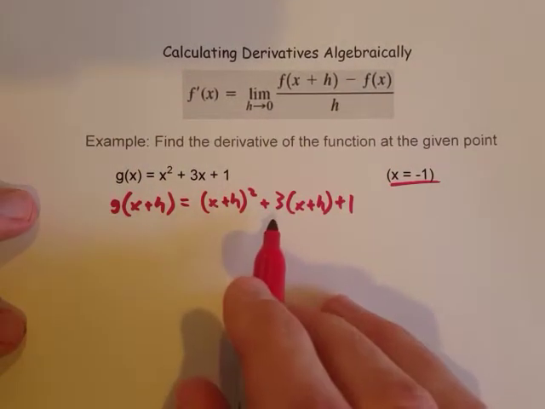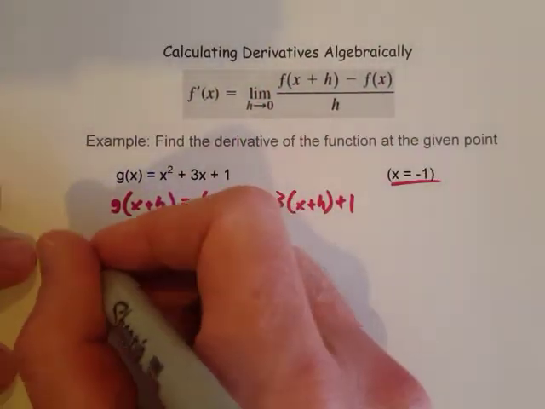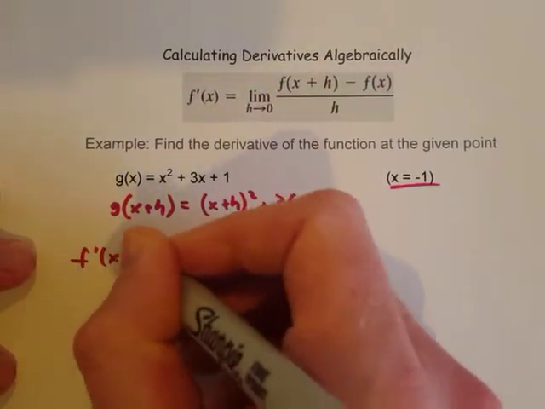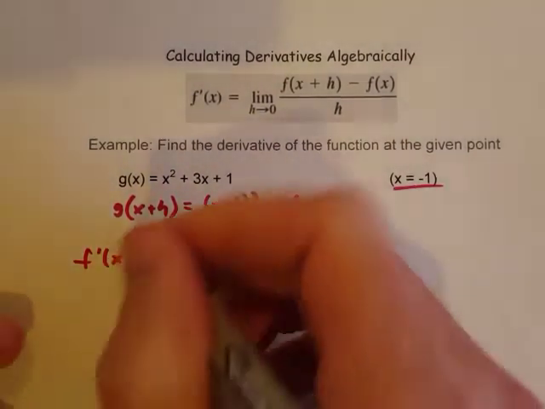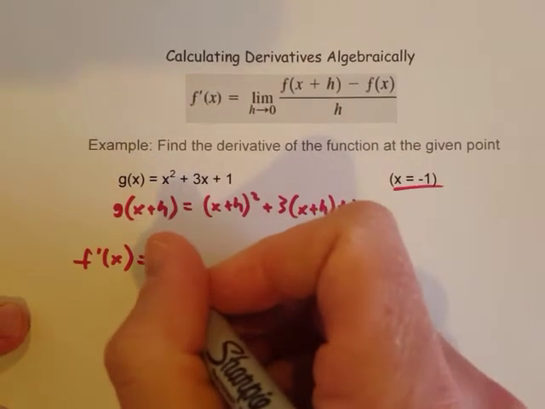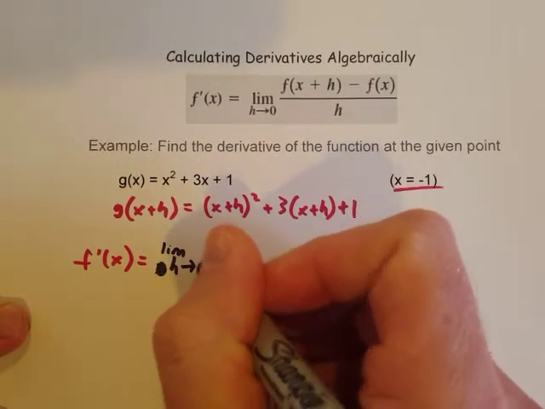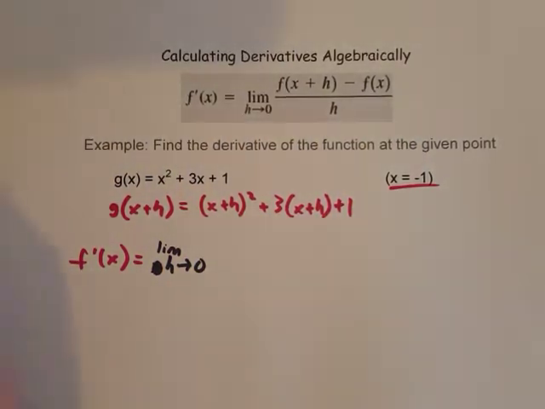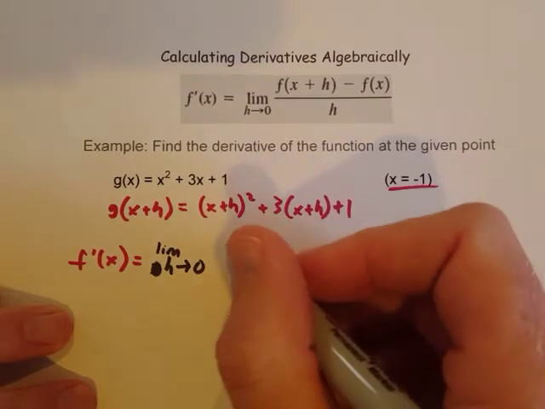All right, so we've got this now. We can plug it into our overall derivative formula. So f prime of x, do not forget about the limit. It's always going to be the limit as h approaches 0 of this fraction. So now my fraction starts with g of x plus h.